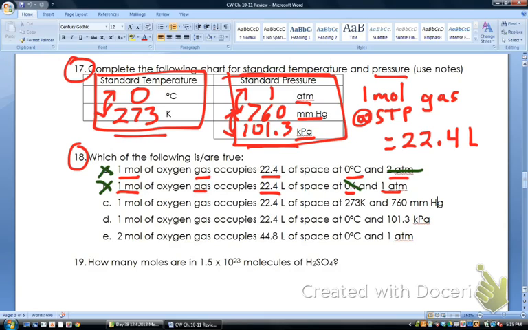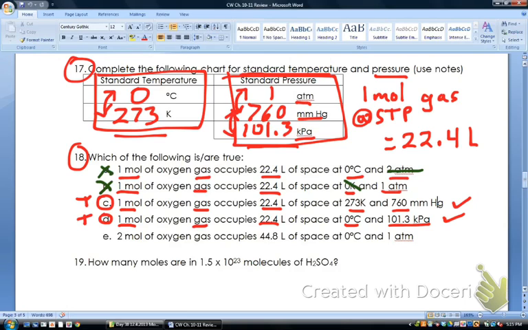For C, we look at this, we have 1 mole of gas, 22.4 liters, 273 K, 760 mmHg, everything there looks good, so this statement is true, so we can circle that one. Same thing for D, we have 1 mole of gas, 22.4 liters, 0 degrees Celsius, 101.3 kPa, those are at STP, so that equation is true as well.